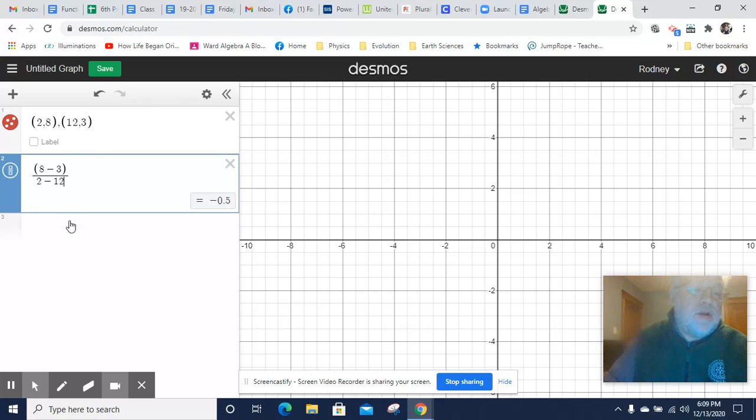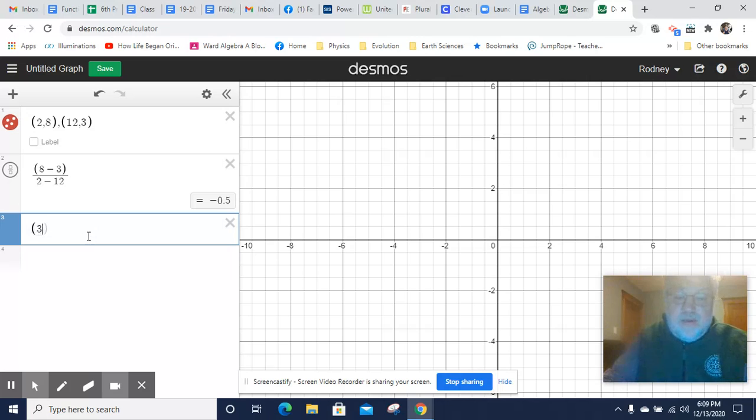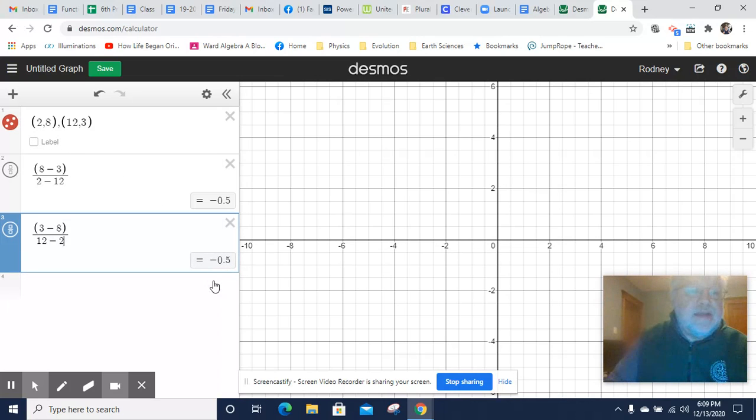By the way, it would have worked this way too. Maybe you did 3 minus 8 over 12 minus 2, going the other way. Oh my goodness, we get the exact same thing. And that's because it'll work going from this point to this point or from this point to this point. So here we have our slope.